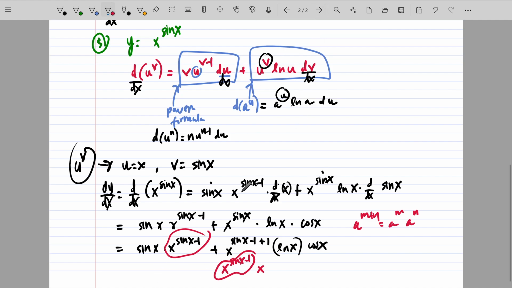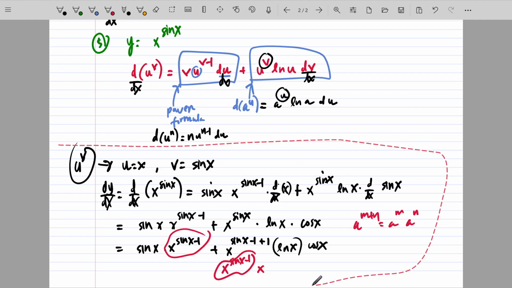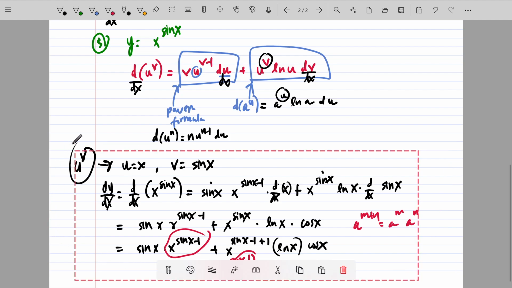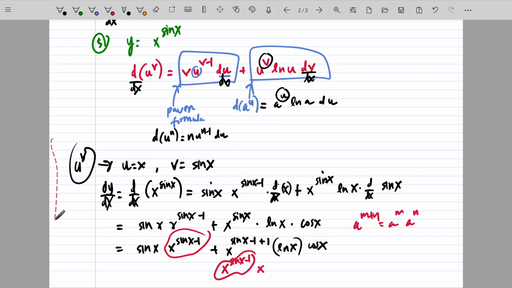Para meron tayong copy, reference, kokopyahin ko to. Kokopyahin natin yan. Itong part na to. Okay, ubusin ko to. Hindi na na-capture lahat.